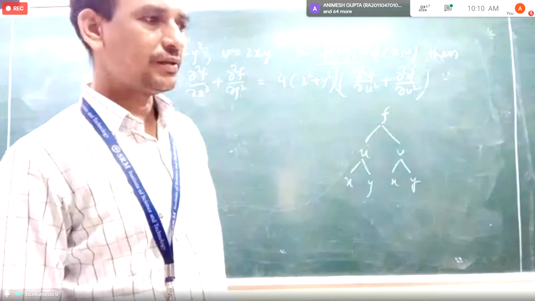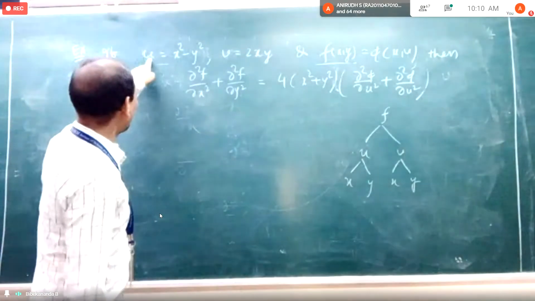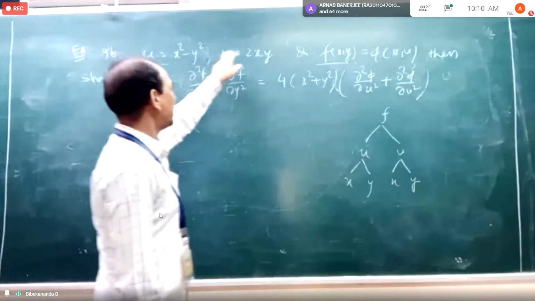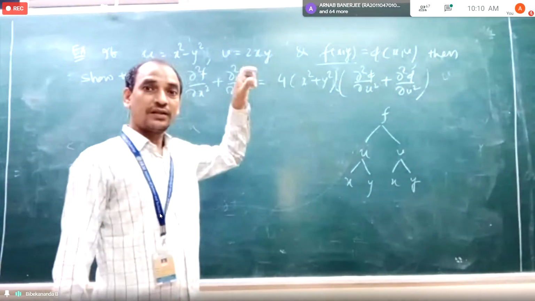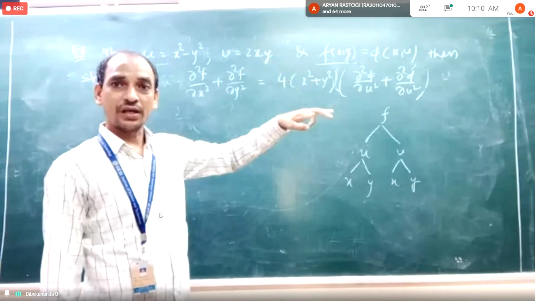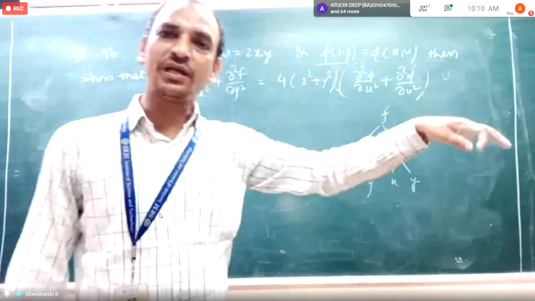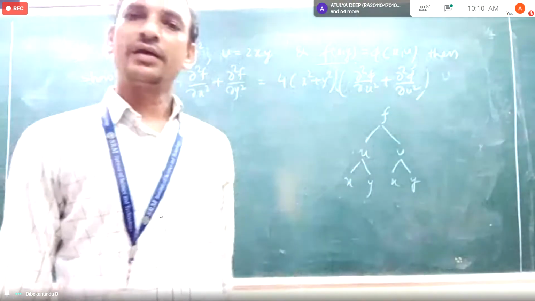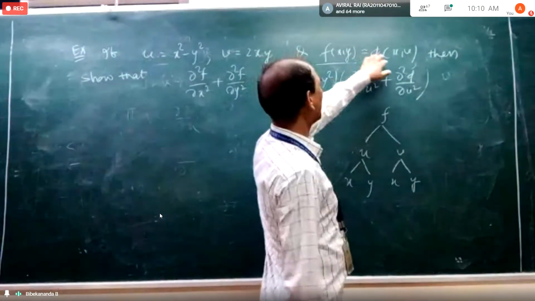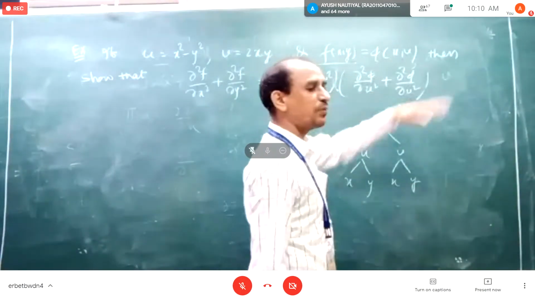Why I am writing it this way: u is x square minus y square, given, and v is 2xy, given. That means u is in terms of xy and v is in terms of xy. From there we can see that u will be a function of xy, and v will be a function of xy. If we relate them, we get phi of uv or f of xy, because f of xy is equal to phi of uv.